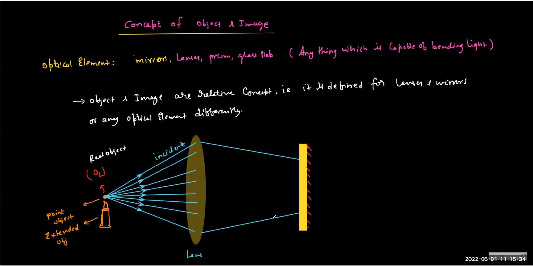If you trace back the incident rays and they actually intersect, we call it real. For the lens, if you trace back the incident rays, are they intersecting? Yes. All right. Now imagine these two light rays hitting the mirror. These two light rays are called the incident rays for the mirror.